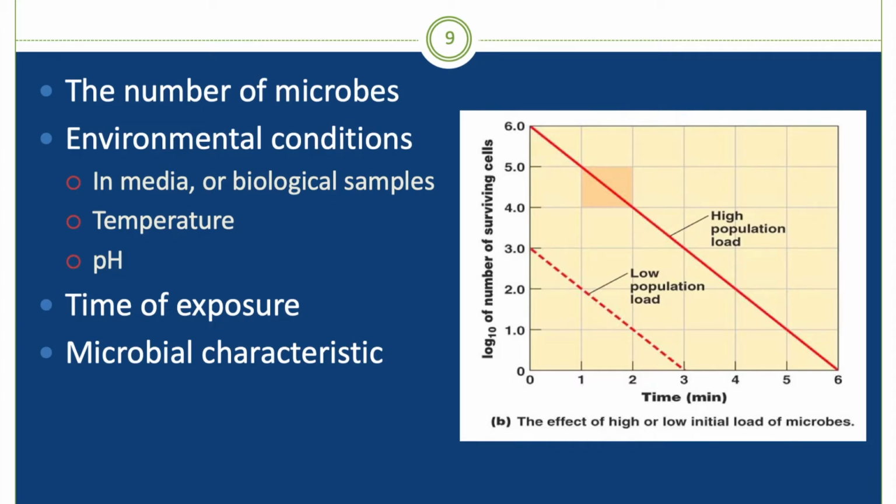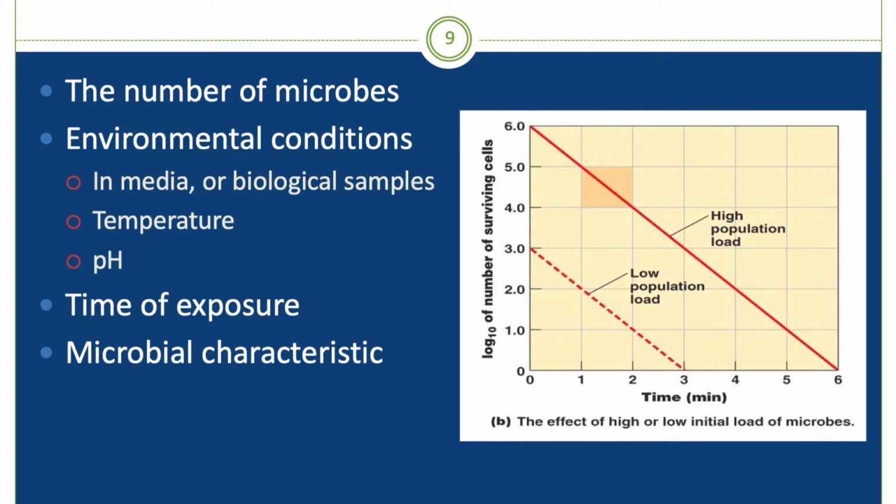But if they exist in biological samples, then they exist in the midst of fluids and tissues, so it's more difficult to deal with them. Then there's temperature. Is it high or low? The pH as well. So these environmental factors influence the death rate of microorganisms.